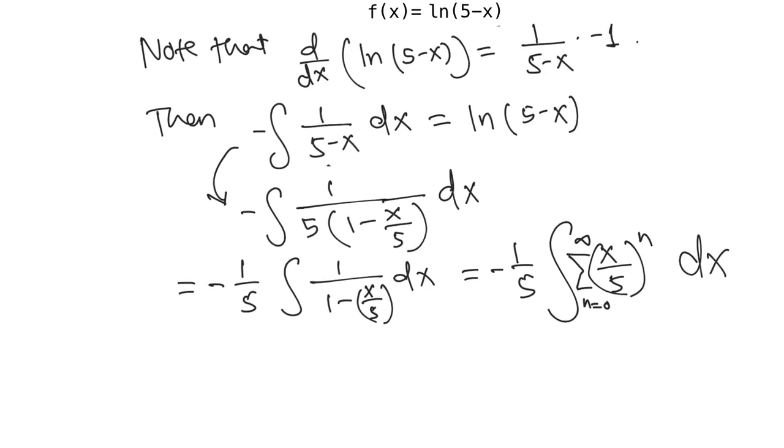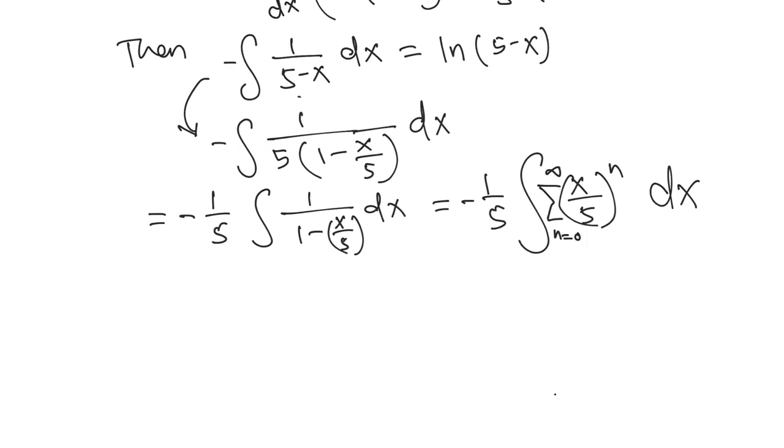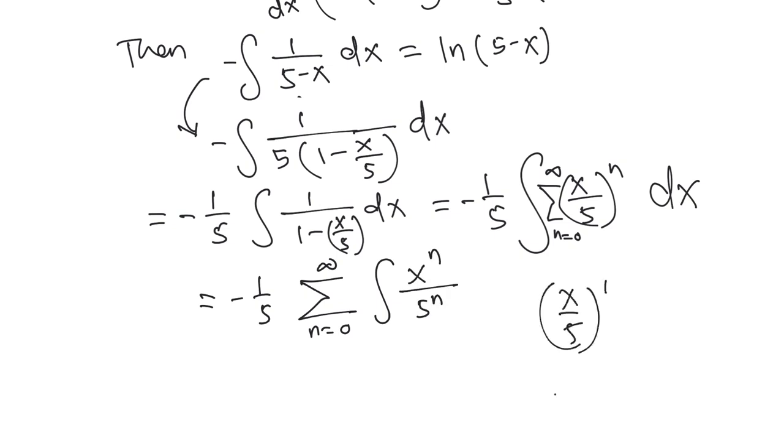Okay, since we can take the antiderivative of a power series, we can move this inside. So this is in fact equal to negative 1 over 5, already outside, sum n from 0 through infinity, antiderivative of, let's write down x^n on the top and 5^n on the bottom. So (x over 5)^n means just x^n on the top, 5^n on the bottom.